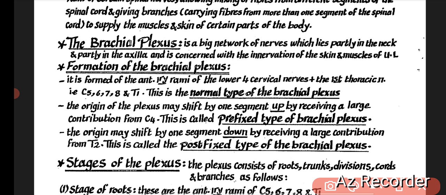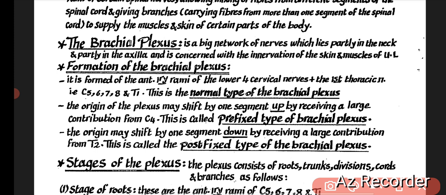It is formed of the anterior rami of the lower four cervical nerves. So, how many cervical nerves are there? There are 8 cervical nerves, C1 to C8.